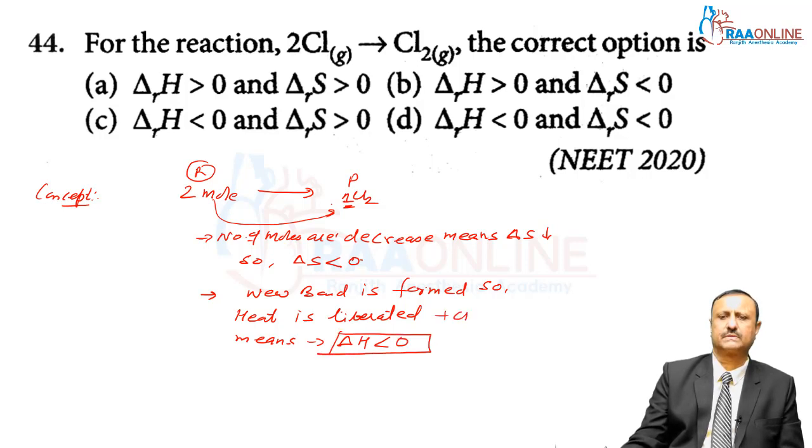So, delta H is negative and delta S is negative. So, my dear students, question number 44, your answer is D. Delta H is negative, delta S is negative.